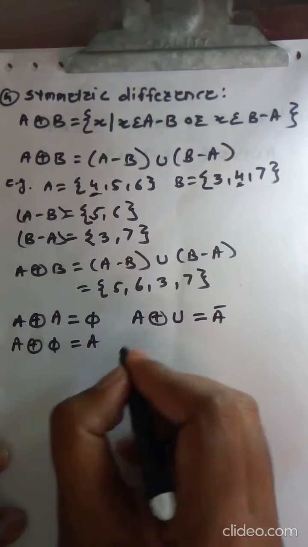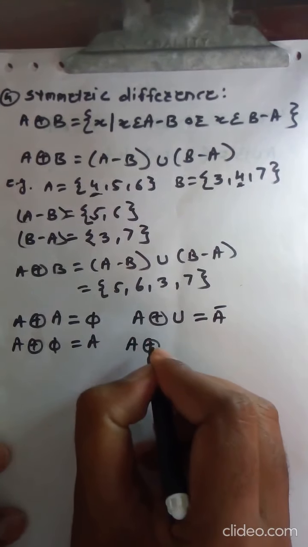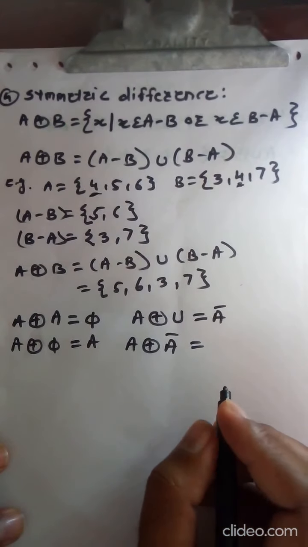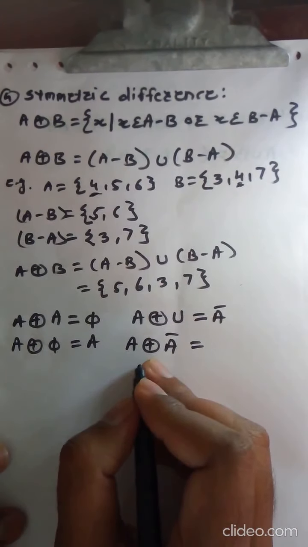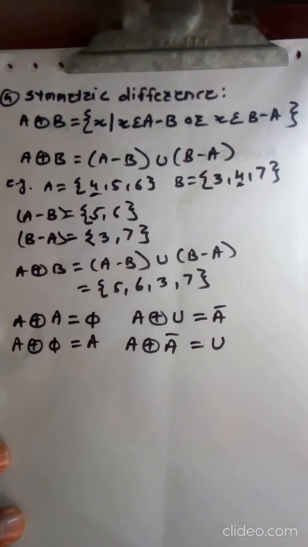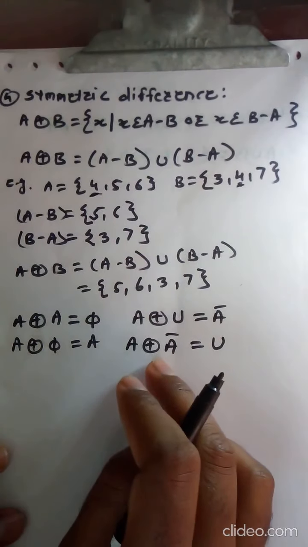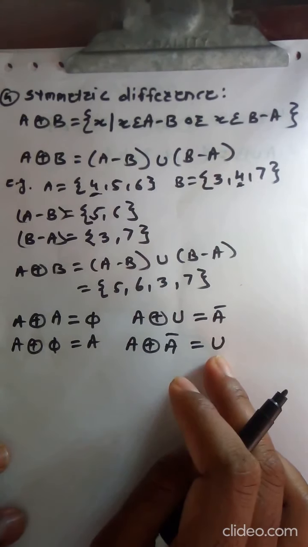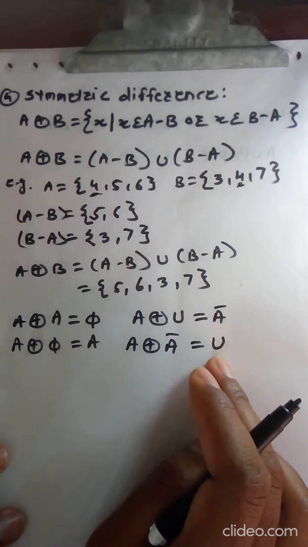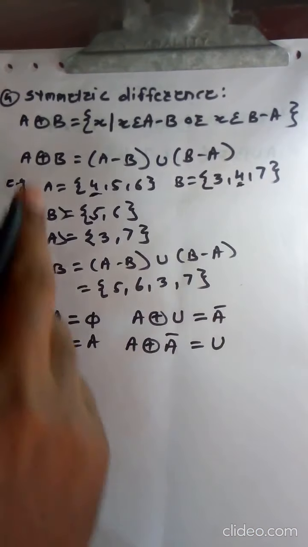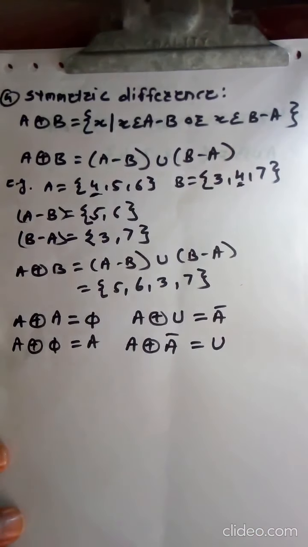Then A symmetric difference A complement: the output is the universal set. A symmetric difference A complement is the universal set, right? So these are some properties related to the symmetric difference.